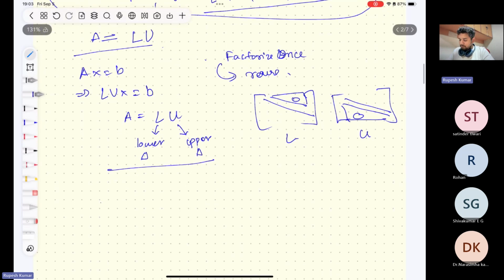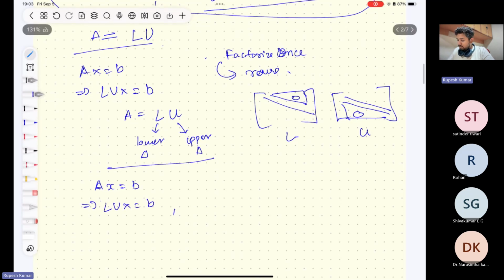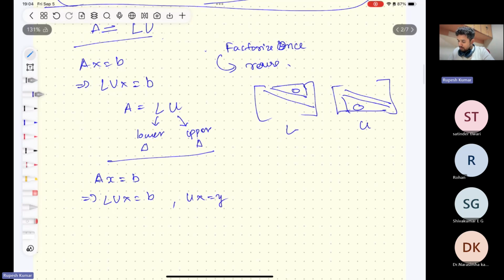So basically, we try to find this kind of factorization. And now, if you have this, you can always try to solve Ax equals b. That means LUx equals b. Let's say Ux equals y, then you can say Ly equals b, and L is lower triangular, right? Now what does this mean? You can simply do back substitution to get the solution.